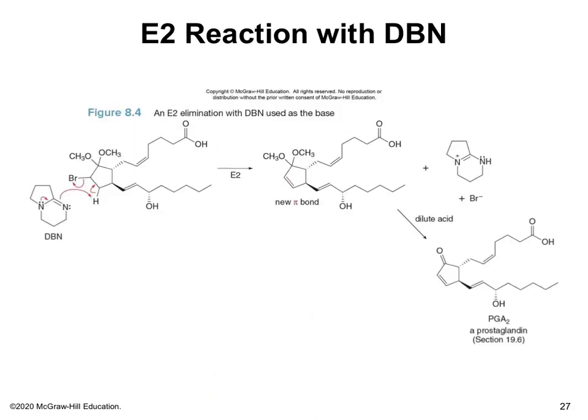Here's an example of DBN, and this is your alpha and this is your beta. That hydrogen gets taken, and there you get your new bond. This is a secondary, but it only has one beta hydrogen. And this shows you a prostaglandin synthesis in which an E2 reaction with a strong base was used.